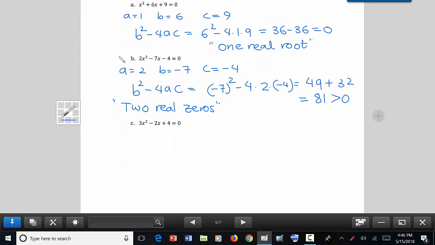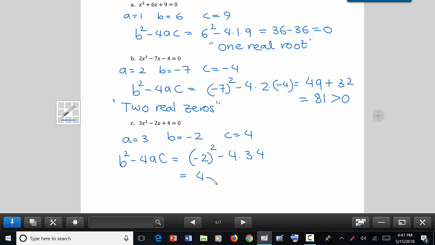Now here a equals to 3, b equals to -2, c equals to 4. Now b square minus 4ac. b square is -2 square minus 4, a is 3, c is 4. That is 4.